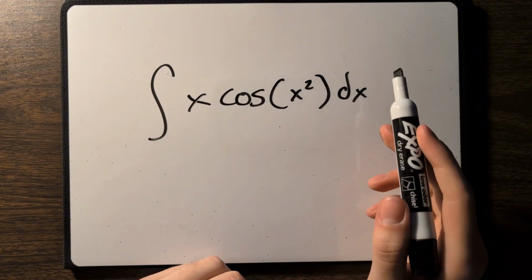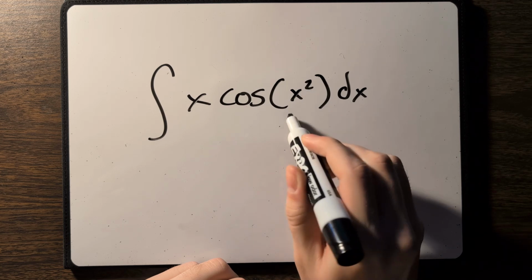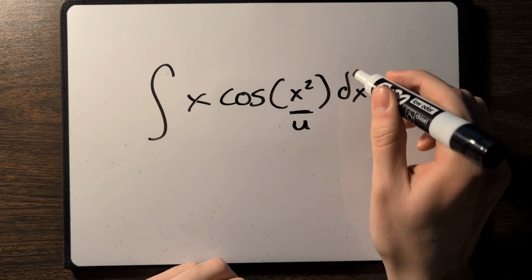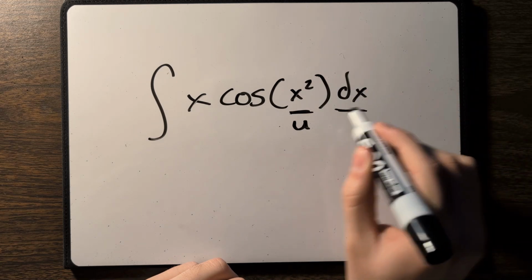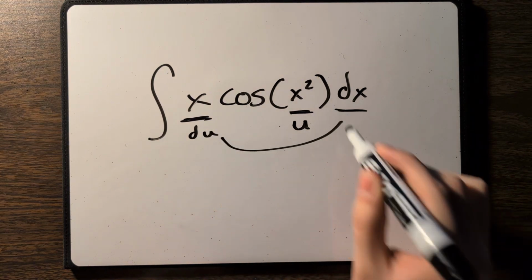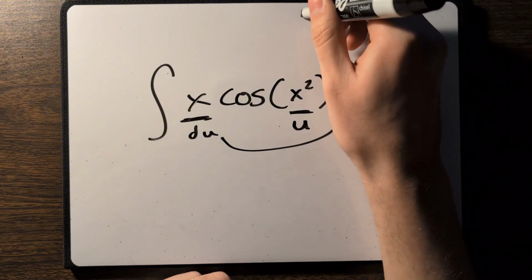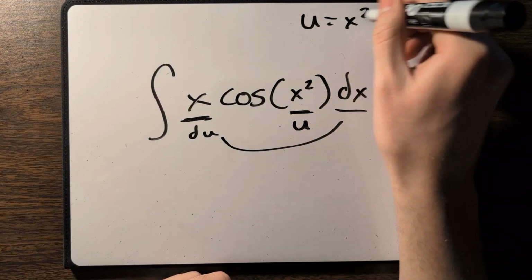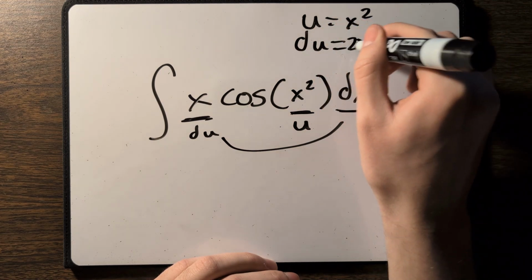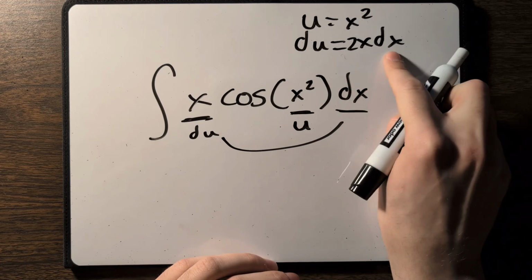Now, let's look. Immediately I see that this inside here is going to be our u, and then this x dx is going to be our du. How I know this is because if we take this x squared as our u, when we take the derivative, we're getting our x dx.